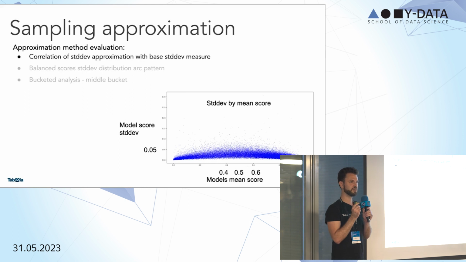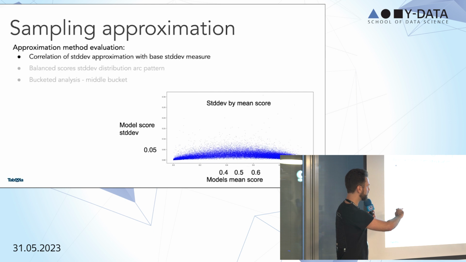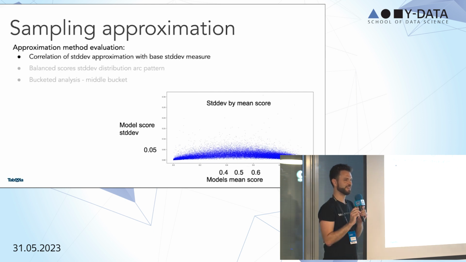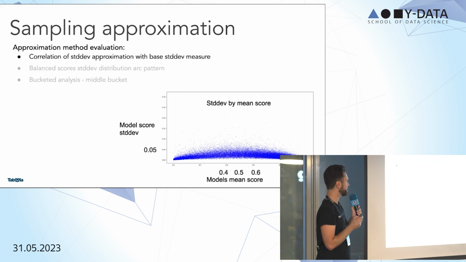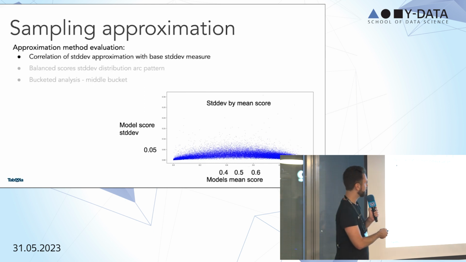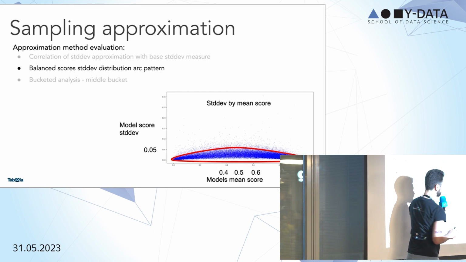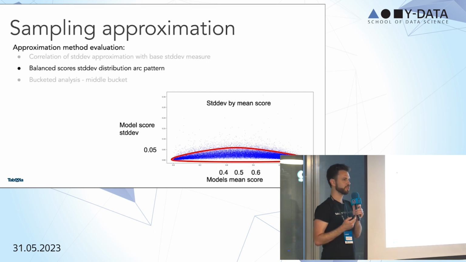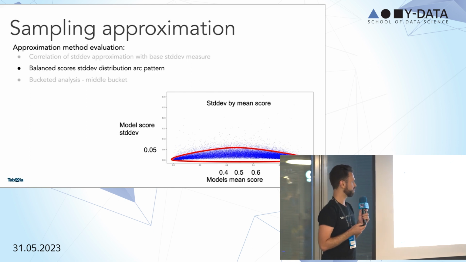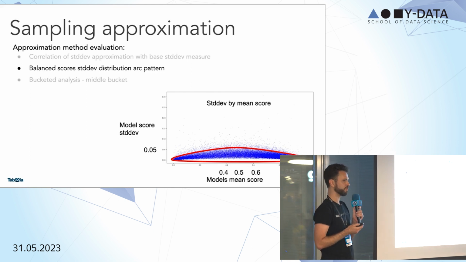There's actually a straight line. Not a normal distribution. So it's not that straight, actually. Well, maybe it's a little hard to see here, but it actually follows an arc pattern. You can see that towards the middle, towards the half score, the variance of the standard deviation grows and also the value grows.